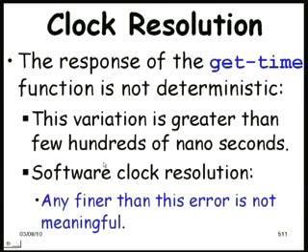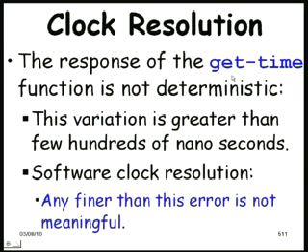A software clock of any finer resolution would not be meaningful, because there is a variation in the times that you read. If you read 100 nanoseconds, it may be 110, it may be 105, it may be 100. So there is a jitter there, right. If you make the clock any finer than the jitter in the get time function, the clock is meaningless.